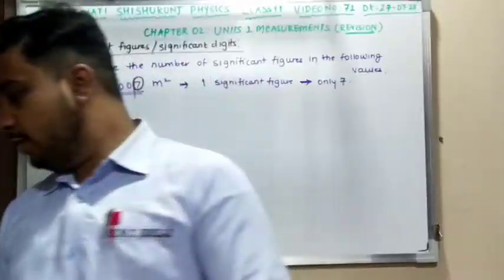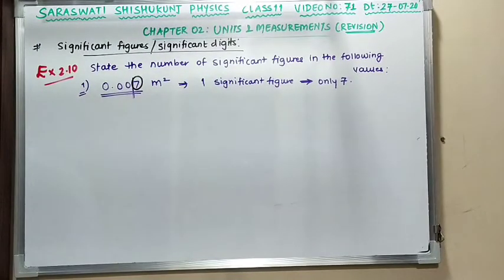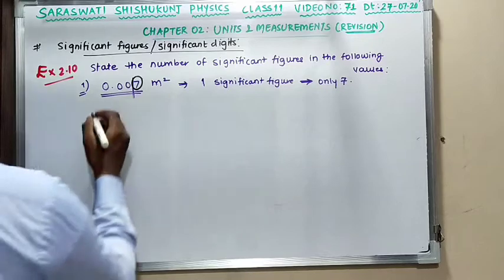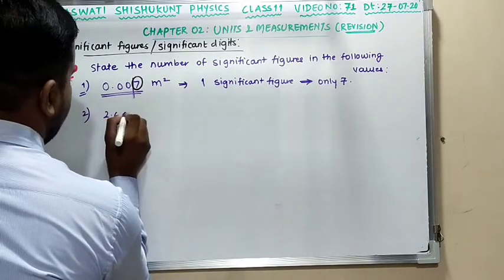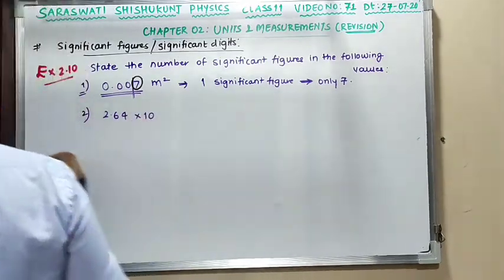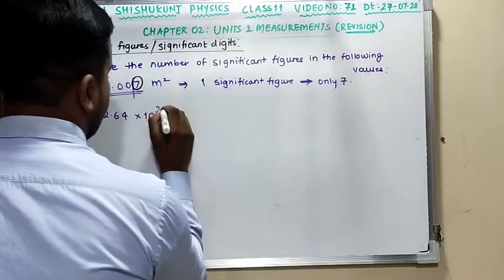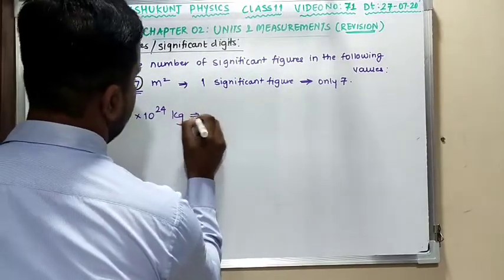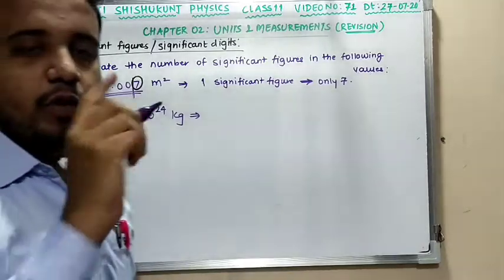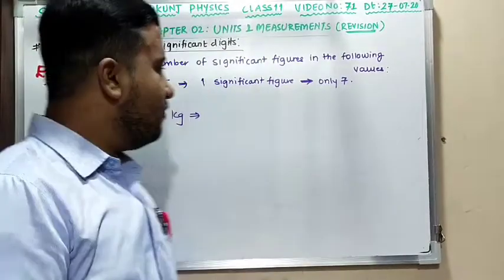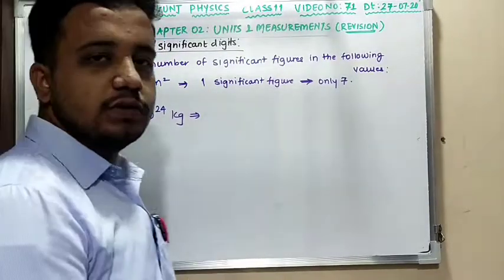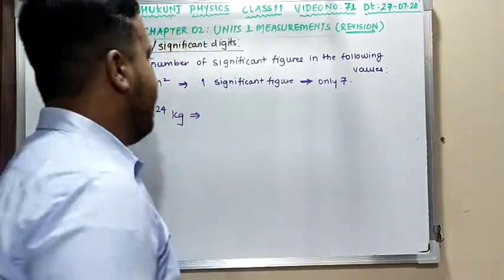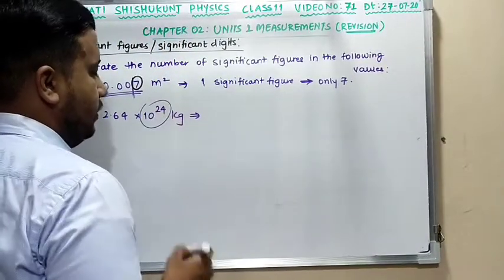The second question we have is 2.64 into 10 power 24 kg. I have already discussed this 10 power 24; those are nothing but trailing zeros, which will not be considered significant digits.